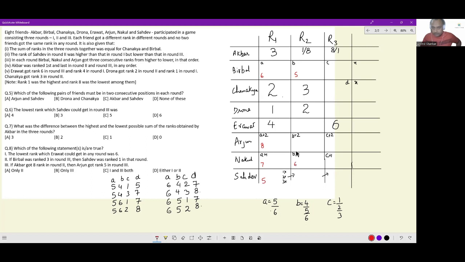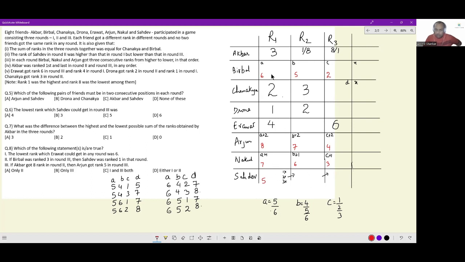Here 6, 5, 2. This is 2, this is 3, this is 4. Now from 5, in the next round, I have 2 already used up. 3 I need somewhere in the first column.